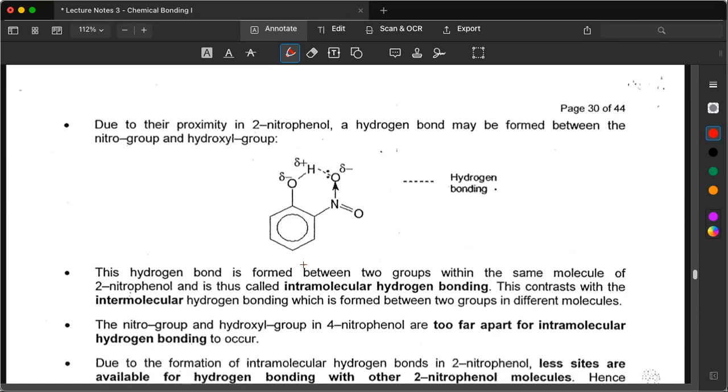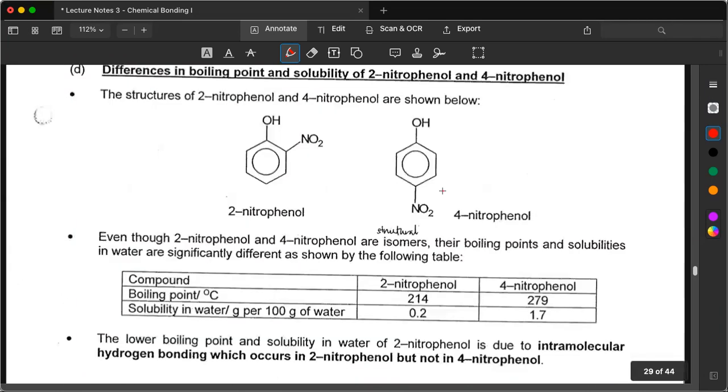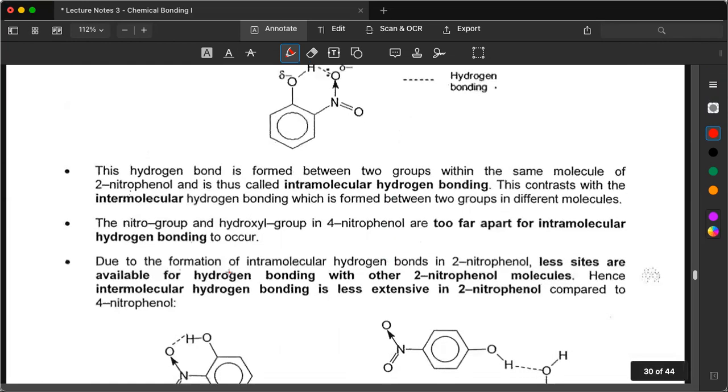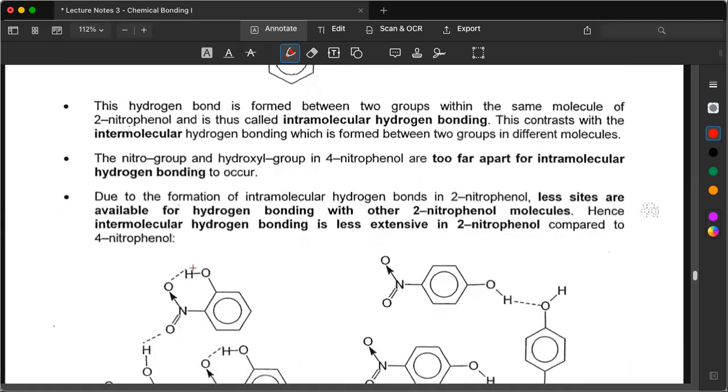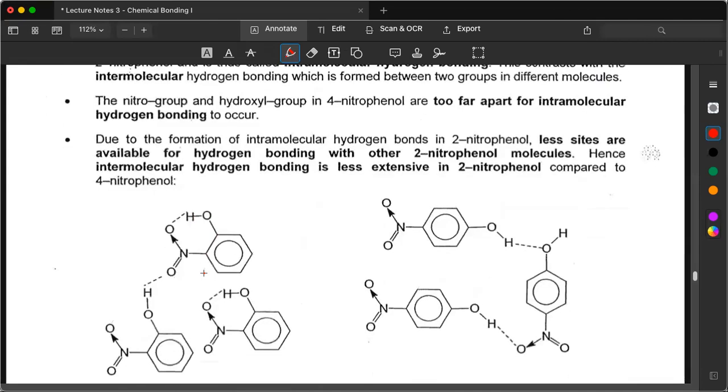And this contrasts with the hydrogen bond between 2 groups from 2 different molecules. In the 4-nitrophenol, these 2 groups are too far apart from each other. So there is no intramolecular hydrogen bond. Now, due to the formation of intramolecular hydrogen bond in 2-nitrophenol, fewer sites are available for hydrogen bond with other 2-nitrophenol molecules.